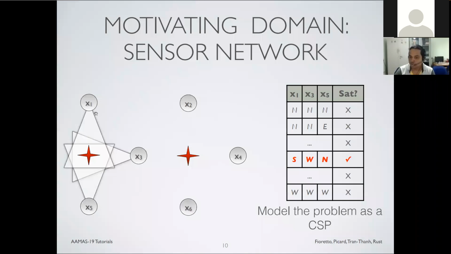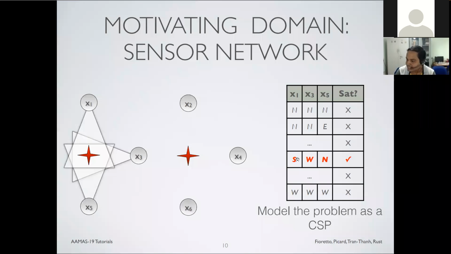So using the sensors X1, X3 and X5 with the combination of south for X1, west for X3 and north for X5, this target will be covered and that will be satisfied. So this is called a constraint satisfaction problem.